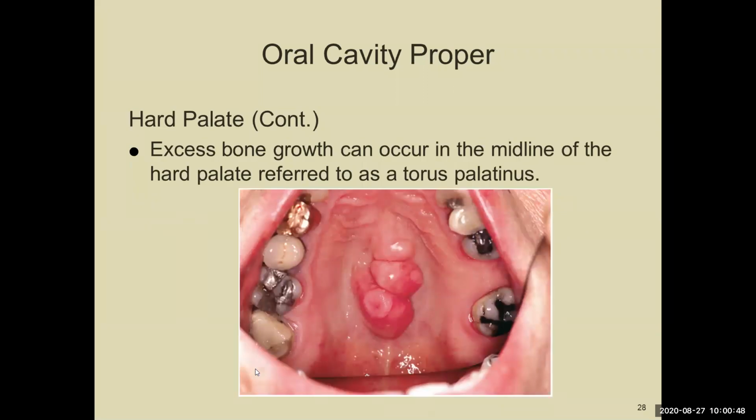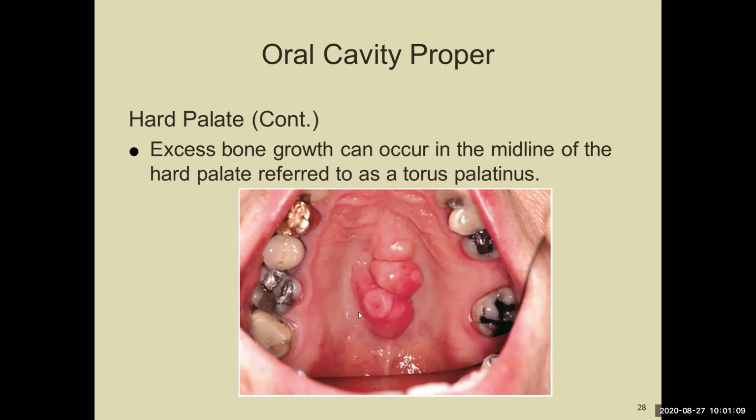That excess bone, if it's in certain areas of the mouth, we have certain names for it. So if it's in the center of the palate, it's called a palatine torus. T-O-R-U-S is singular, tori is plural. So this is a palatine torus.